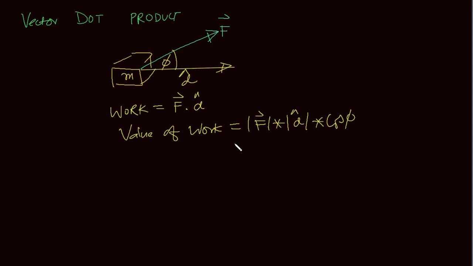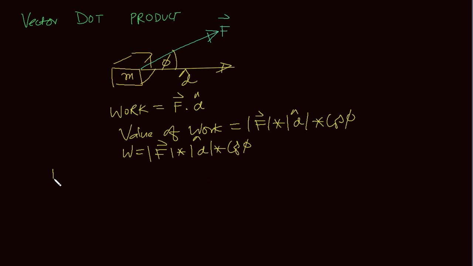So this is the definition of a dot product. So work is F d cos phi. Now let's look at three scenarios.